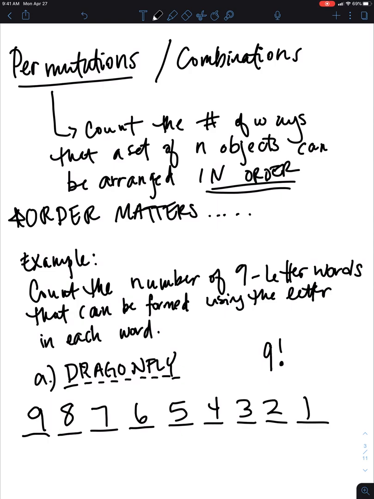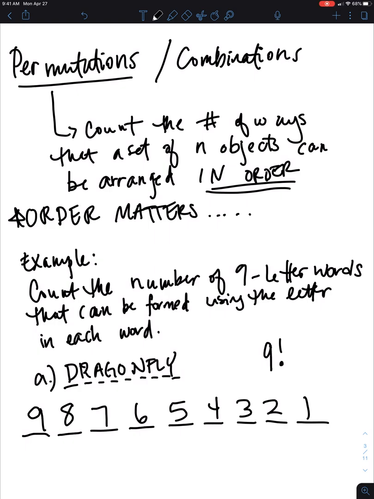Pause for a second. I'm going to run get my calculator. Okay, sorry, I had to run and get my calculator, but I didn't want to start over. Okay, so we will be using factorial a lot.